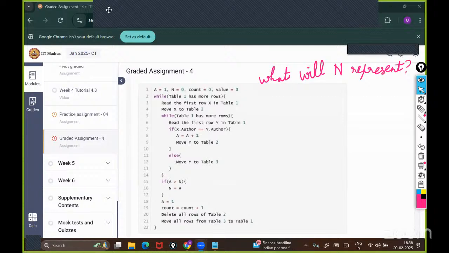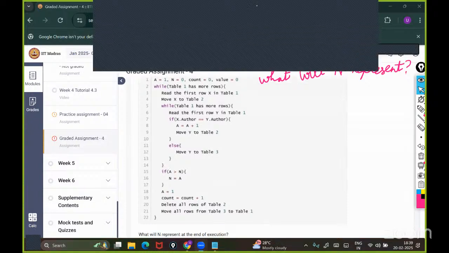Ma'am, can I explain? So what we are doing from line 2: we read the table 1, we pick a card from row X and move it to table 2.